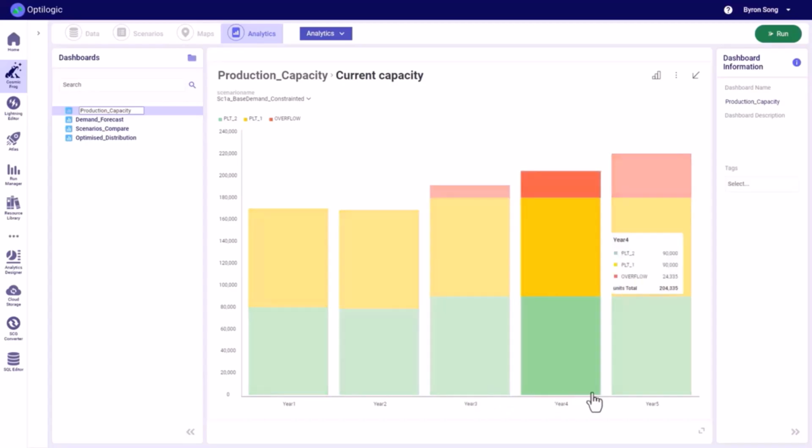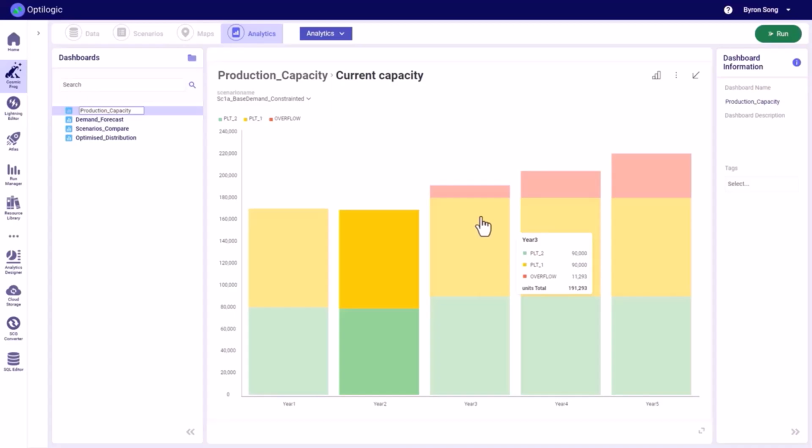But from year 3, we see a new color, which is the overflow site, which means the model is saying the current capacity of the plant 1 and 2 won't be sufficient. If we hover over here, you can see in year 3, both sites are already maxed out at the 90,000 work center capacity we were reviewing earlier.